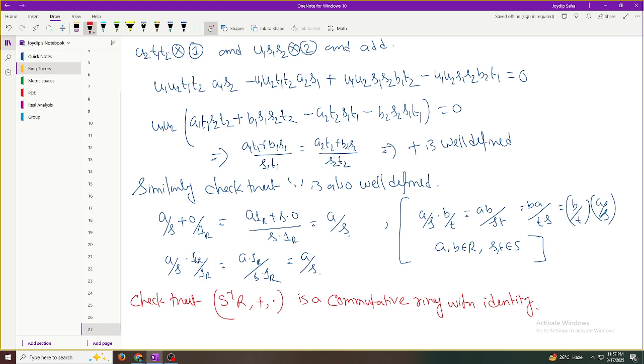You see that 1 r by 1 r is the identity and 0 by 1 r is the additive identity, the zero element of this ring.